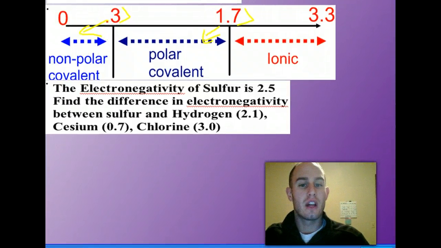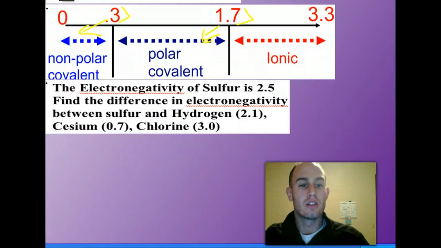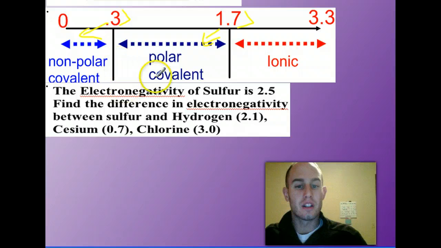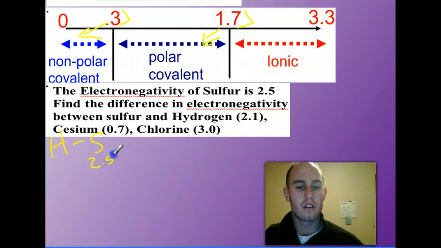Now, the electronegativity of sulfur is 2.5. Find the difference in electronegativity between sulfur and hydrogen. So if hydrogen and sulfur are bonded together, and sulfur here is a 2.5, and it gives you hydrogen, and again, you could get this from the periodic table of electronegativities, but you're given them.